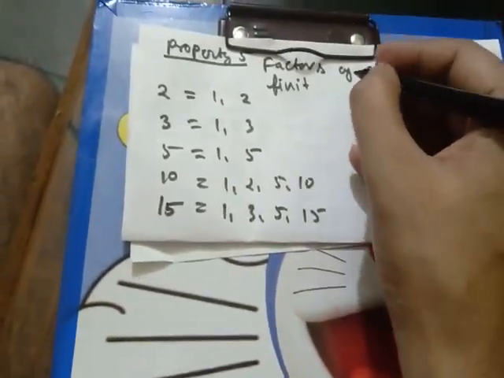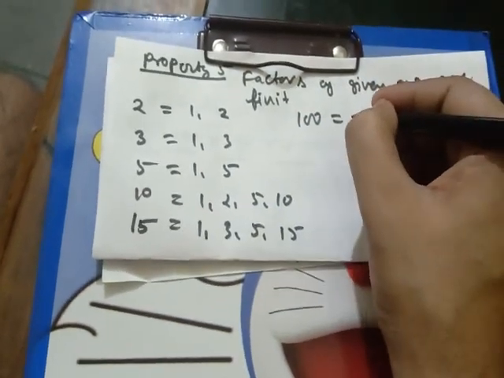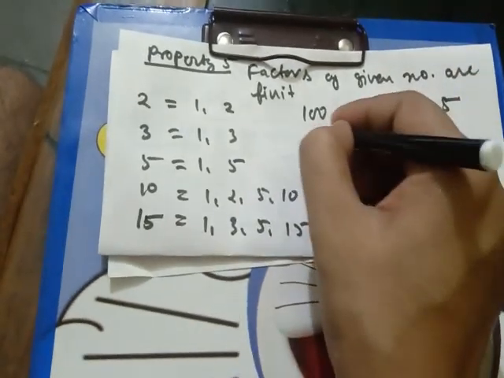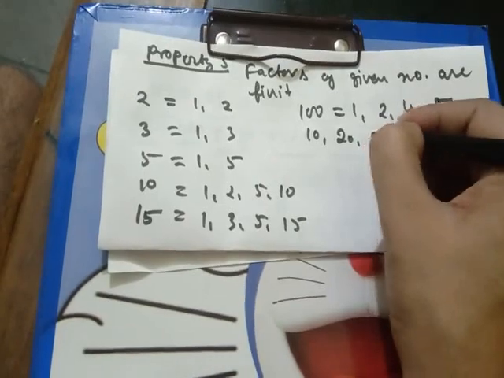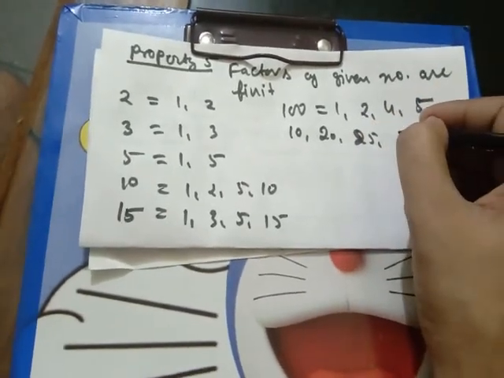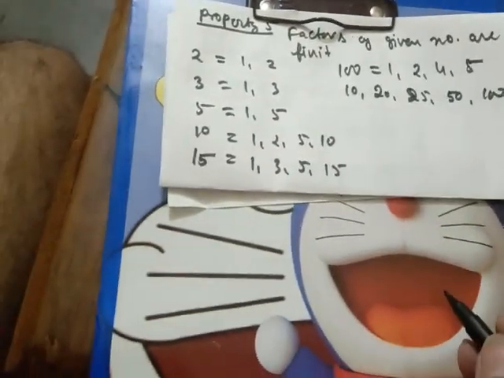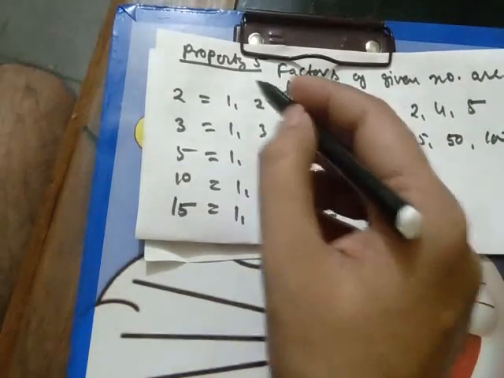I will take one large number, 400. Factors of 100 are 1, 2, 4, 5, 10, 20, 25, 50 and 100. So according to this property, you understood that factors are limited in number.